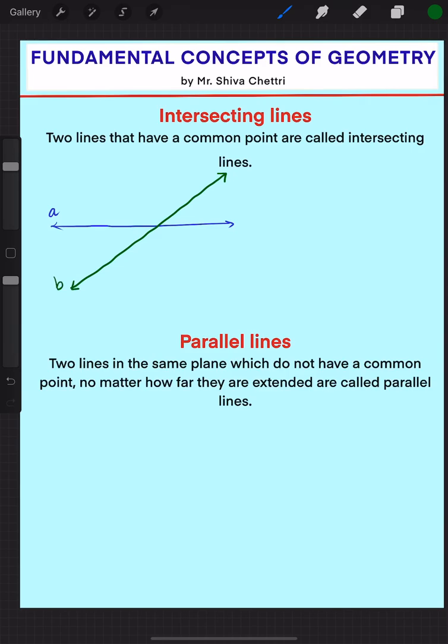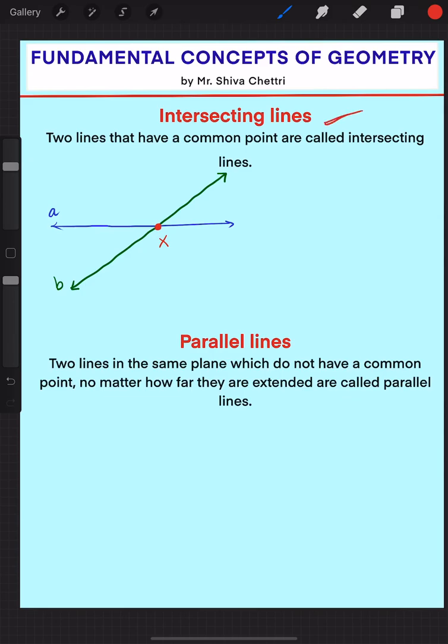Suppose this is B. Here we see that A and B are crossing each other and they have a common point here, the red dot. Suppose this dot is X, capital X. That means these two lines are crossing each other, but they have only one common point. So that's why they are called intersecting lines.